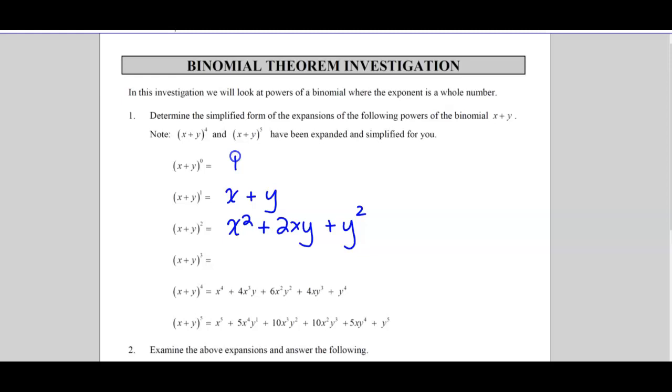So to get x plus y cubed, just take this and multiply by x plus y. Oh, I guess that would make sense then.